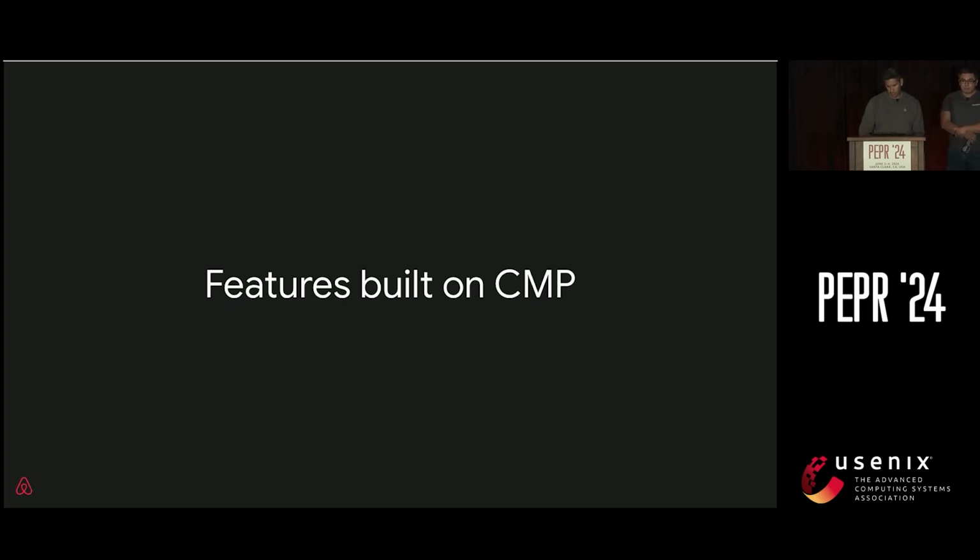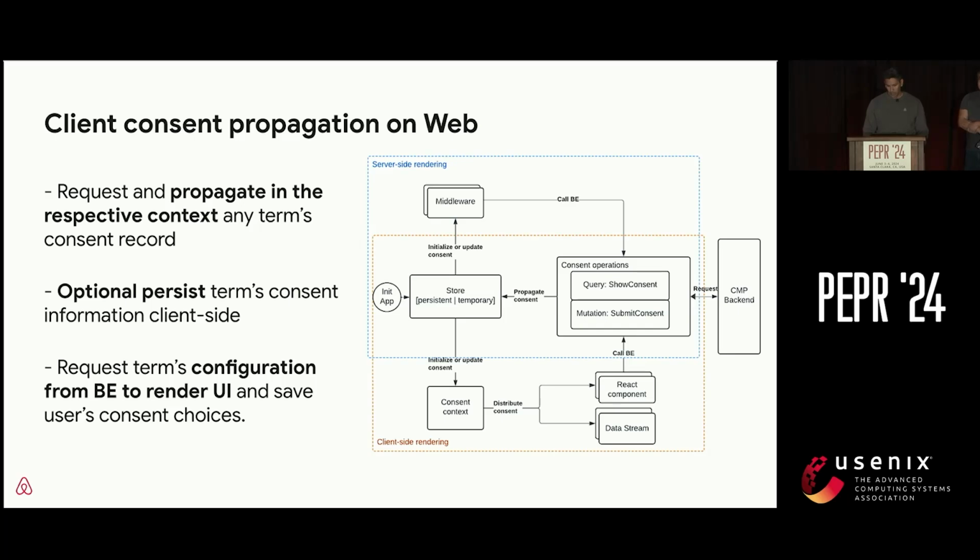Given our backend flexibility and capacity to provide consent records and complete configurations for one or many terms, we built a website platform capable of getting this consent information and propagating the records in a way that can be used at various levels of the tech stack and different times in the natural execution flow of the application.